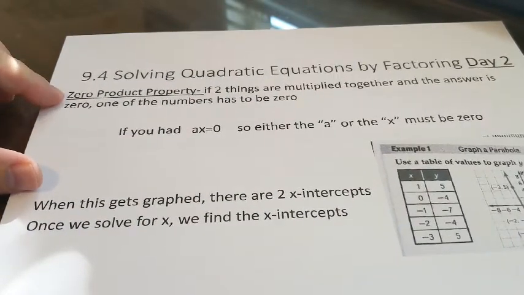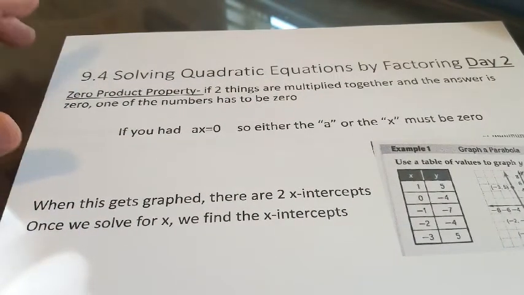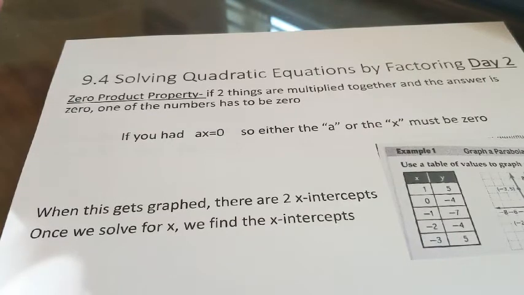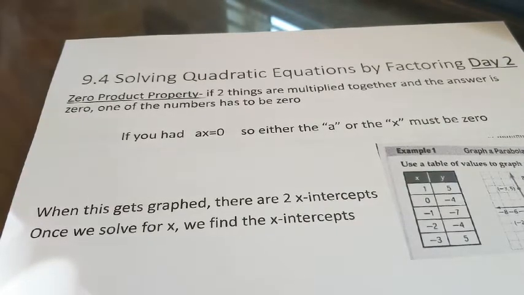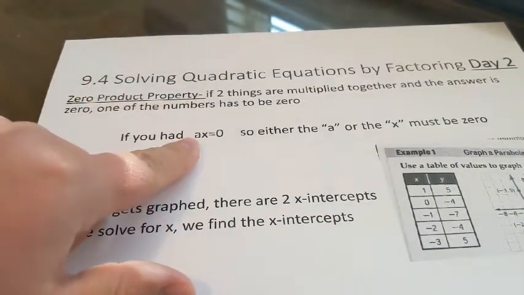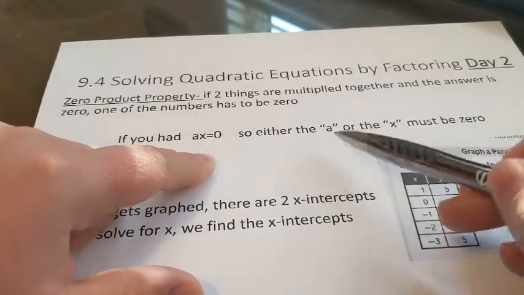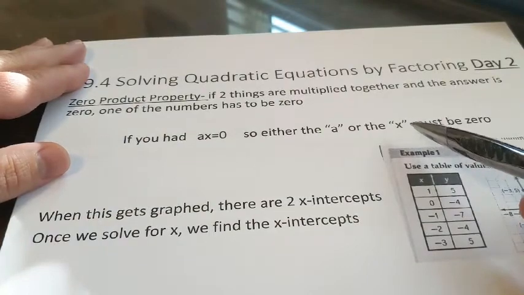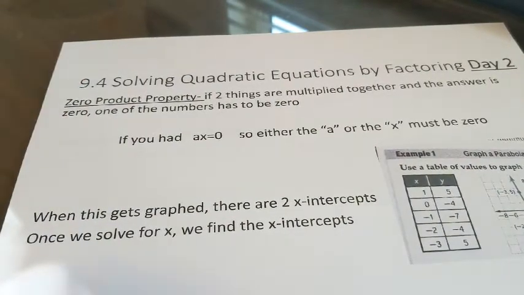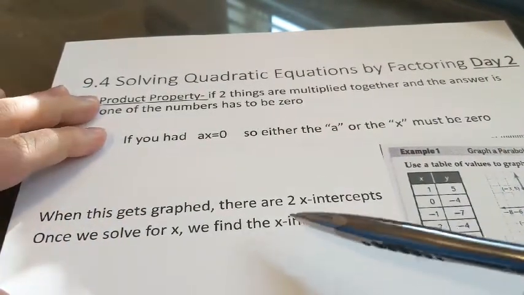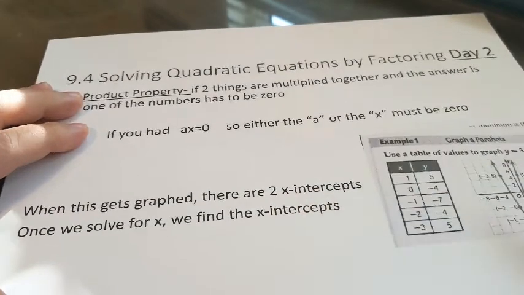We're going to deal with the zero product property, which basically says if two things are multiplied together and the answer is 0, one of those numbers has to be 0, because the only way to get a multiplication problem to turn to 0 is if one of them is 0. So if you had something like a times x equals 0, either the a or the x must be 0.